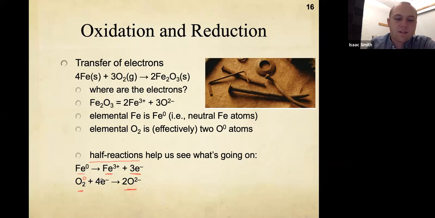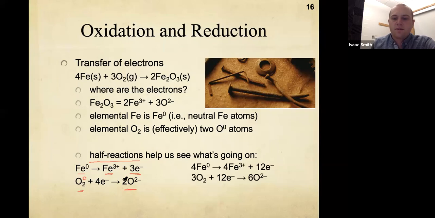So you can see that the electrons left the iron, right? Iron gave up electrons, and then oxygen took electrons. Okay, so if it's fully balanced, so if we use the coefficients from up above, we had 4 irons, and they went to 2 iron oxides, which was really 4 iron ions, and that gave up 12 electrons.